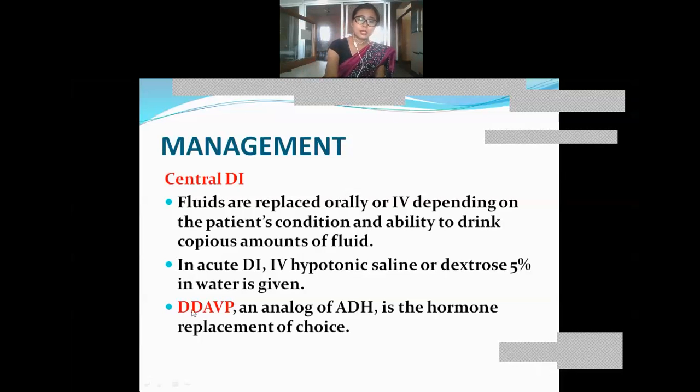And then DDAVP. This is the brand name for desmopressin acetate. Desmopressin acetate is an analog of antidiuretic hormone, and this hormone is the hormone replacement of choice for diabetes insipidus patients.